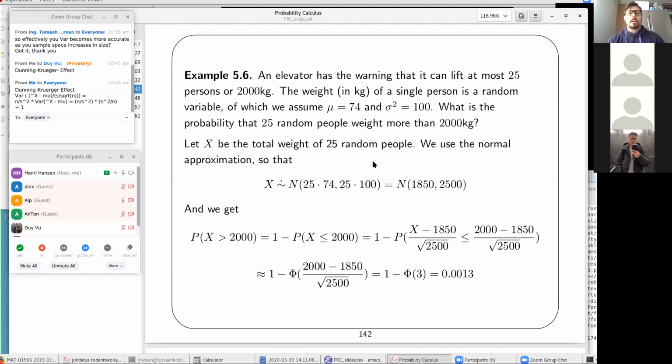So let's say that we are adding these together and calculating the normalized version. The normalized version would be x minus 74 over 10 divided by the square root of 25. So that's 2.